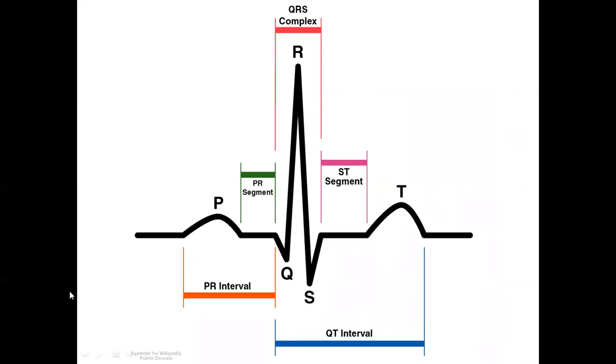A normal EKG contains waves, contains intervals, contains segments, and also one complex we call the QRS complex. So the waves, the P wave, Q wave, T wave, are positive and negative deflections from the baseline.